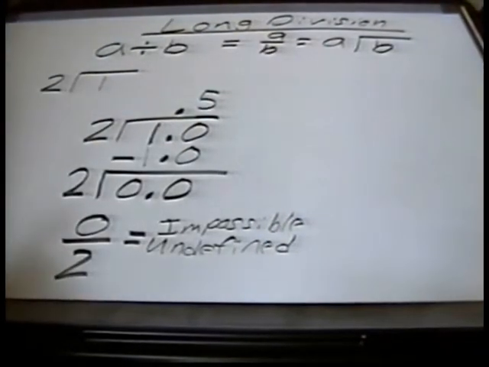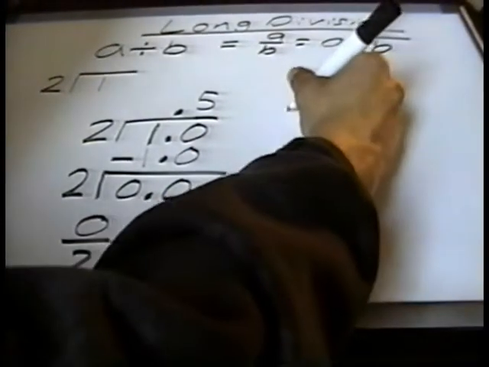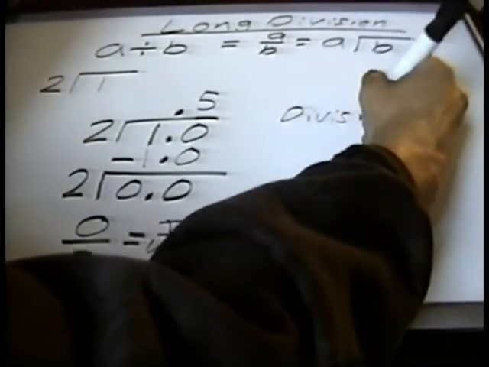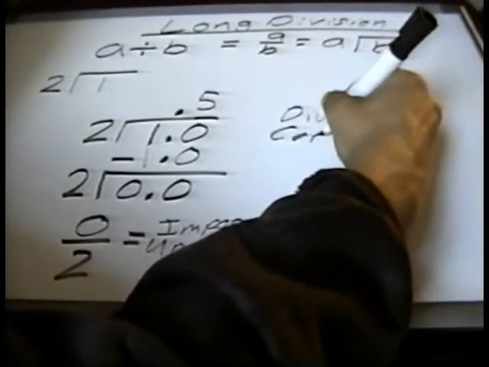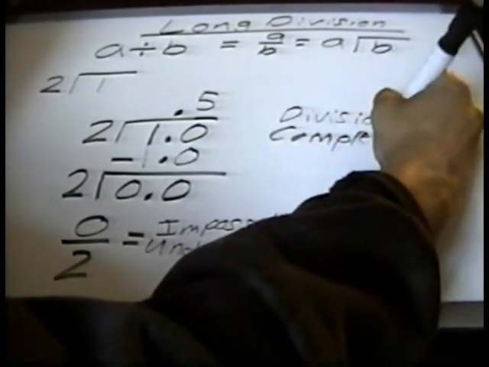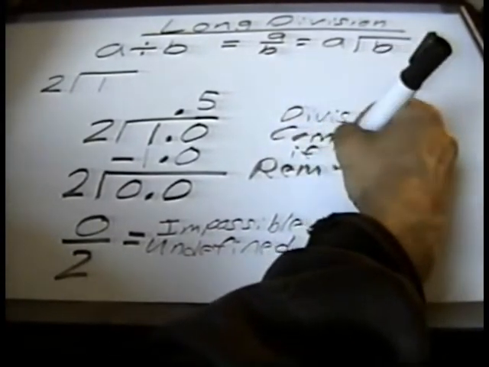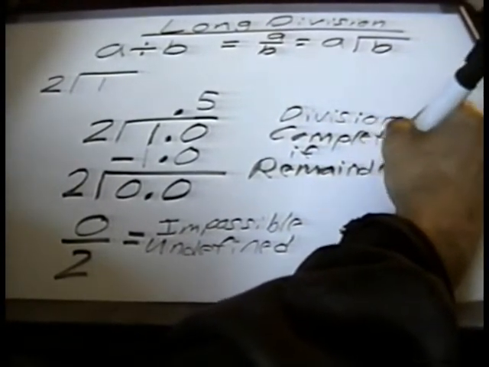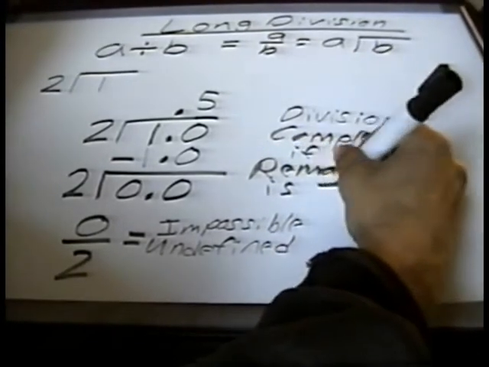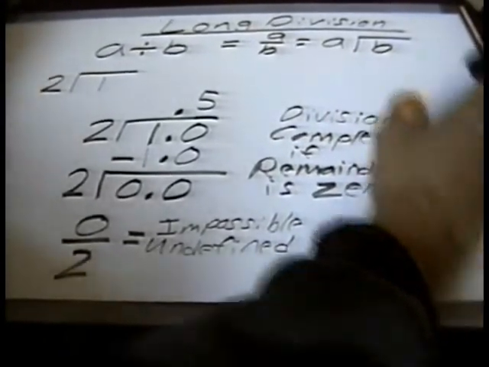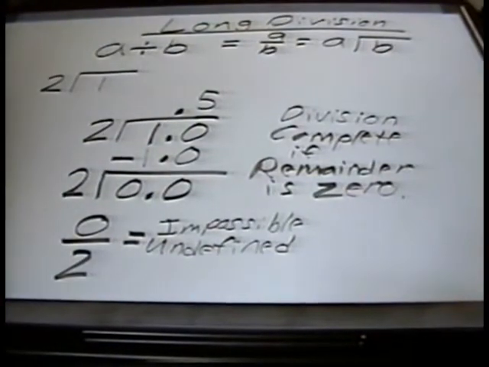They say that's impossible or undefined. That means your division is complete. The division is complete when the remainder is 0.